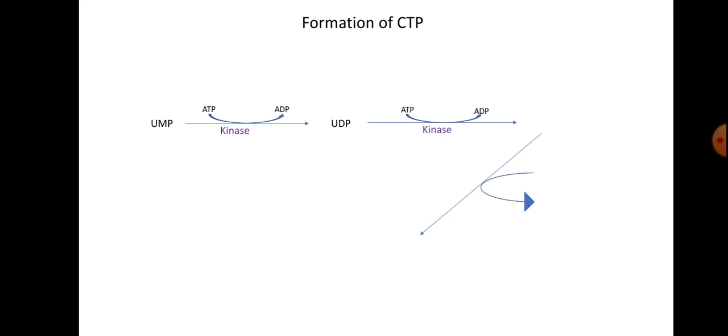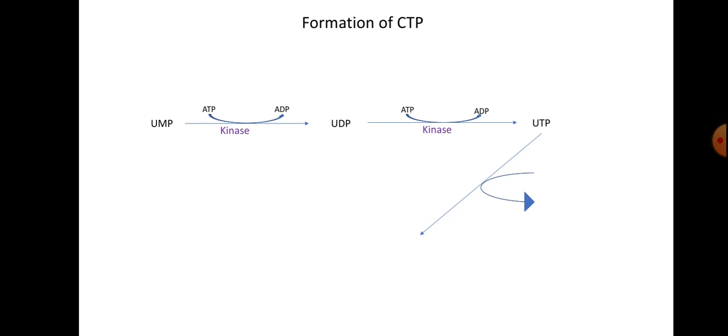Again, phosphorylation of UDP, uridine diphosphate, takes place to form uridine triphosphate. ATP gives the phosphate group by kinase. This reaction occurs. Now from UTP, CTP will be formed. CTP synthetase will act and form CTP. Now if we remember, in CTP, the pyrimidine ring of cytosine, the nitrogenous base here, has an extra amide group on the 4th position carbon.